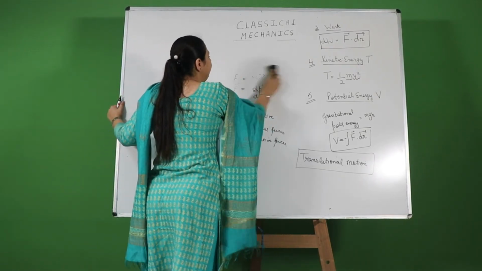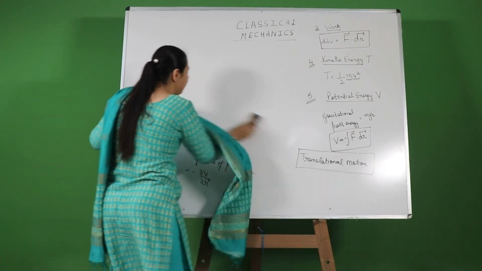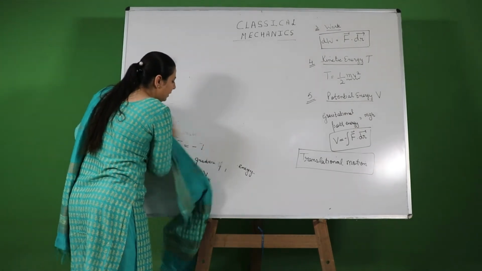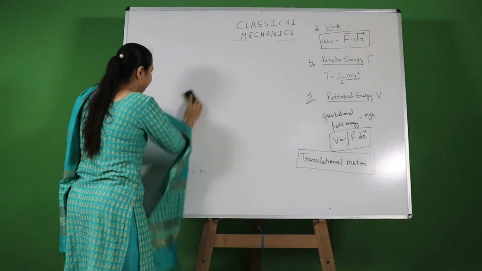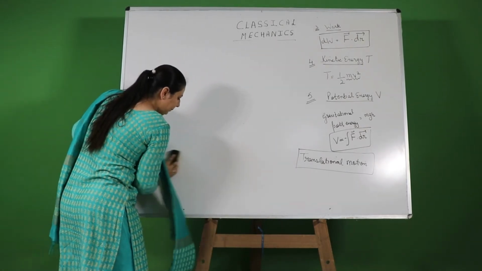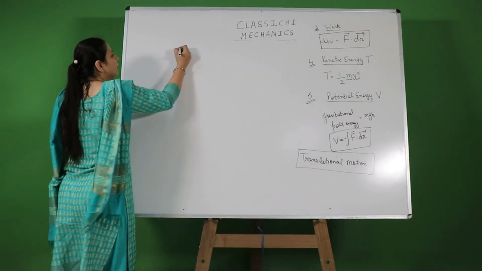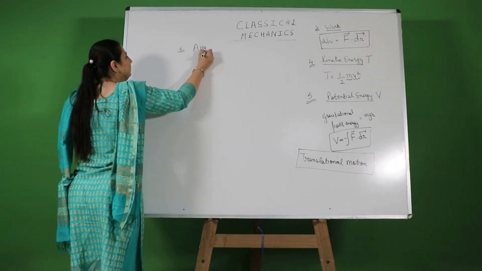As linear momentum defines the motion of the particle in translational motion, similarly we have angular momentum which defines the motion of the particle in rotational motion. So the next quantity, sixth, is angular momentum.